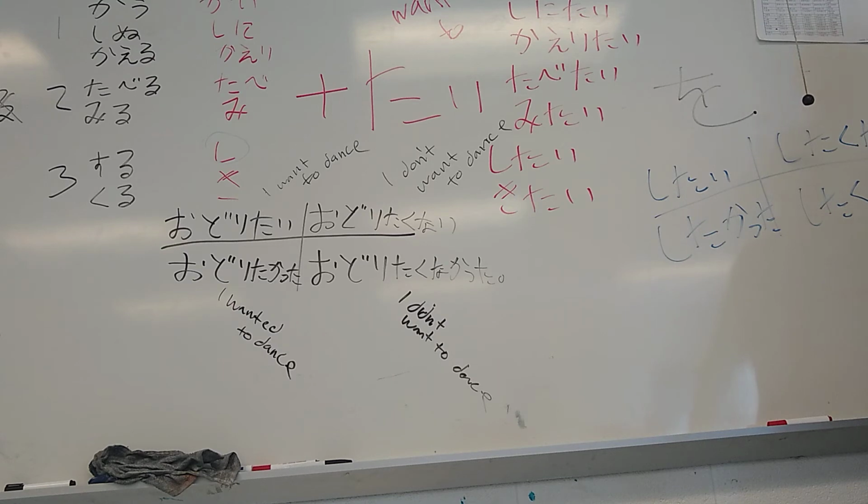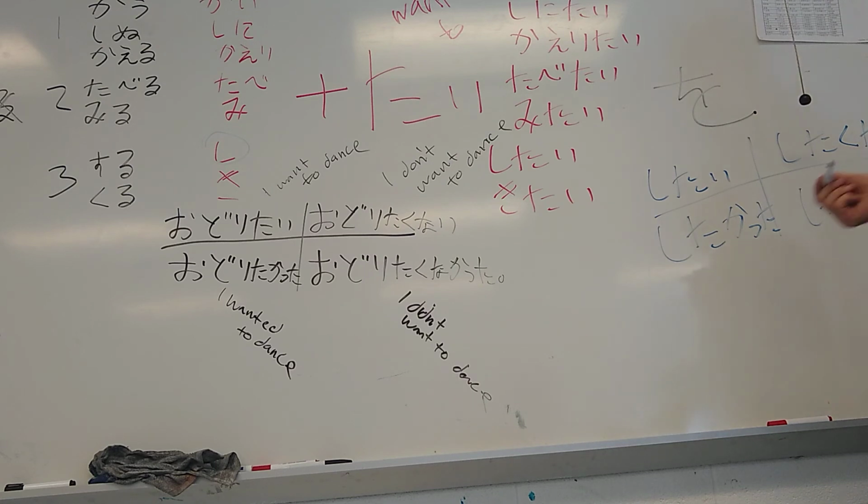So this is for your to do, right? I want to do it. I don't want to do it. Right? 部屋の掃除をしたくない. I just cleaned my room. ね. I'm just using it as an example. Okay? したかった. I wanted to do it. したくなかった. I did not want to do it. Okay?